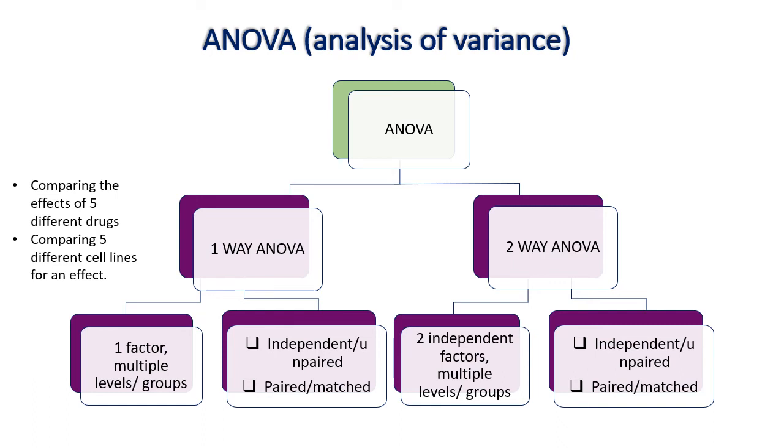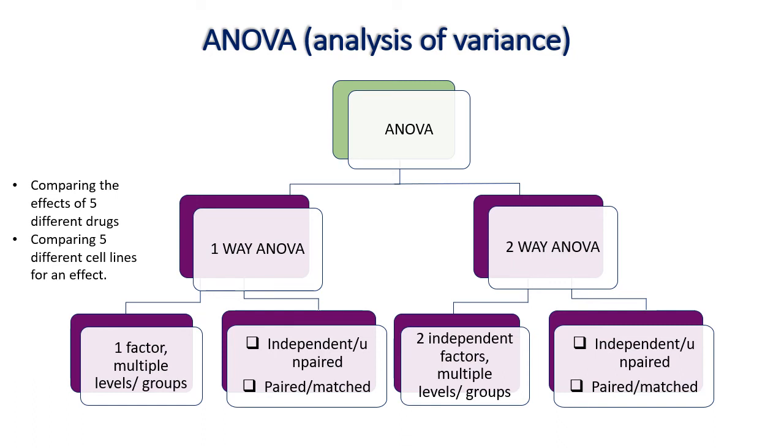So here there is only one variable factor, that is the drug, and you have multiple groups of data sets, so you would be comparing the difference in means between these multiple groups. So you would be performing a one-way ANOVA.